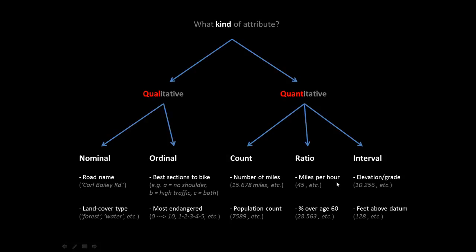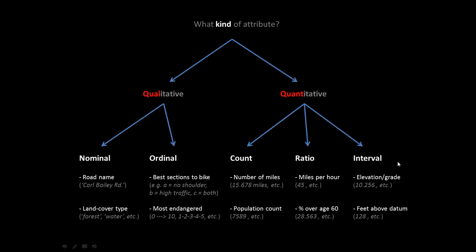But I'd say it's important to distinguish between them because interval means that the number relates to an inherent scale. And you might say, well, miles per hour is a scale. And it is, but 0 kind of means nothing. You're not moving at all, right? And percent of the age over 60, or any kind of percentage, 0 means, again, nothing.